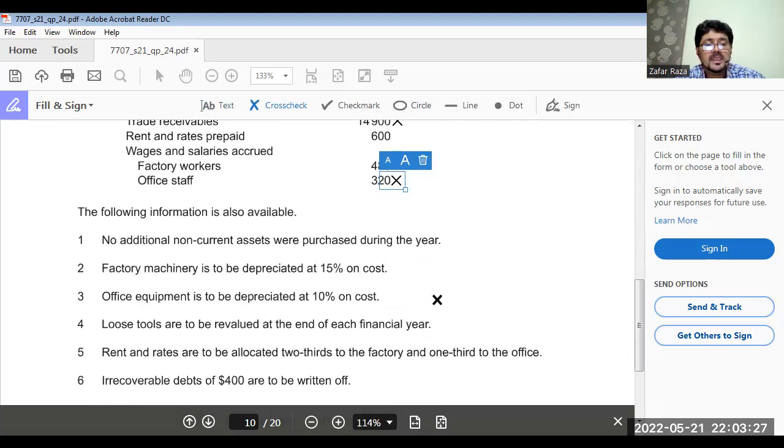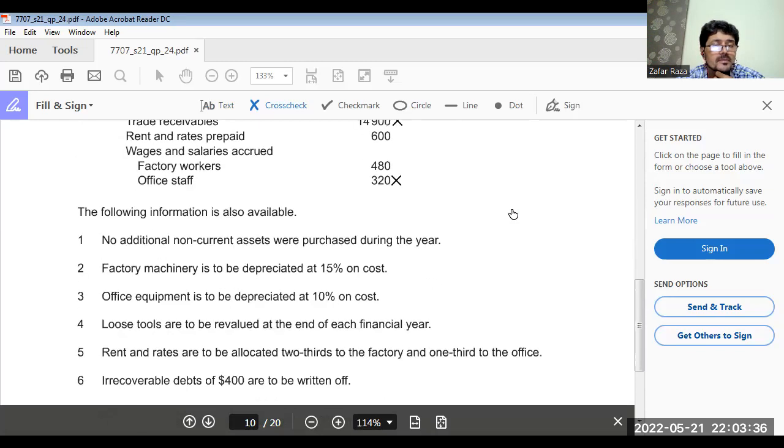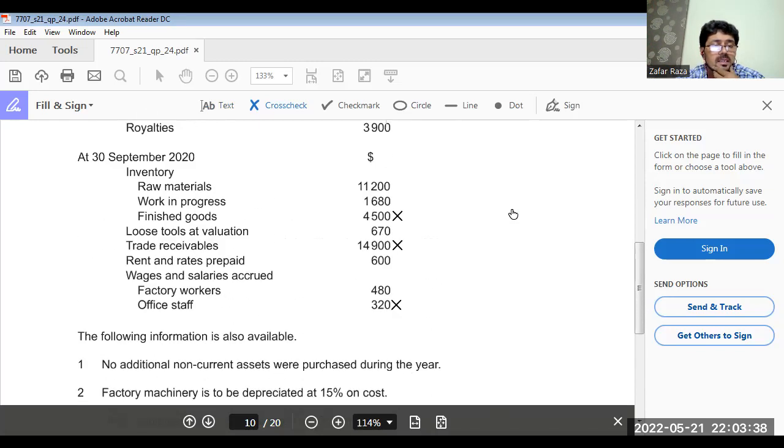Now, what is left? Loose tool valuation. Now, a very important point is no non-current assets were purchased during the year. Oh, thank God. So we have to take depreciation.